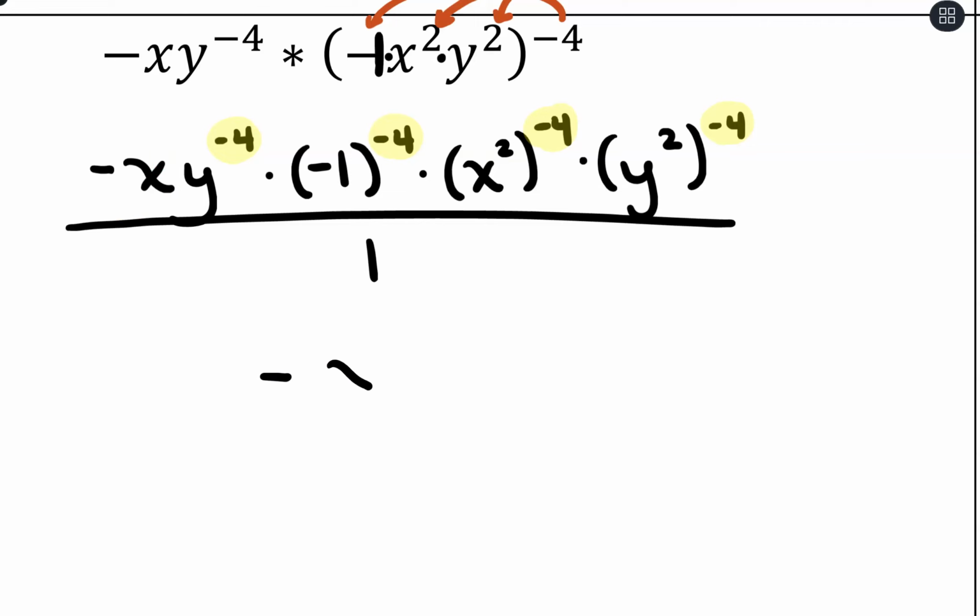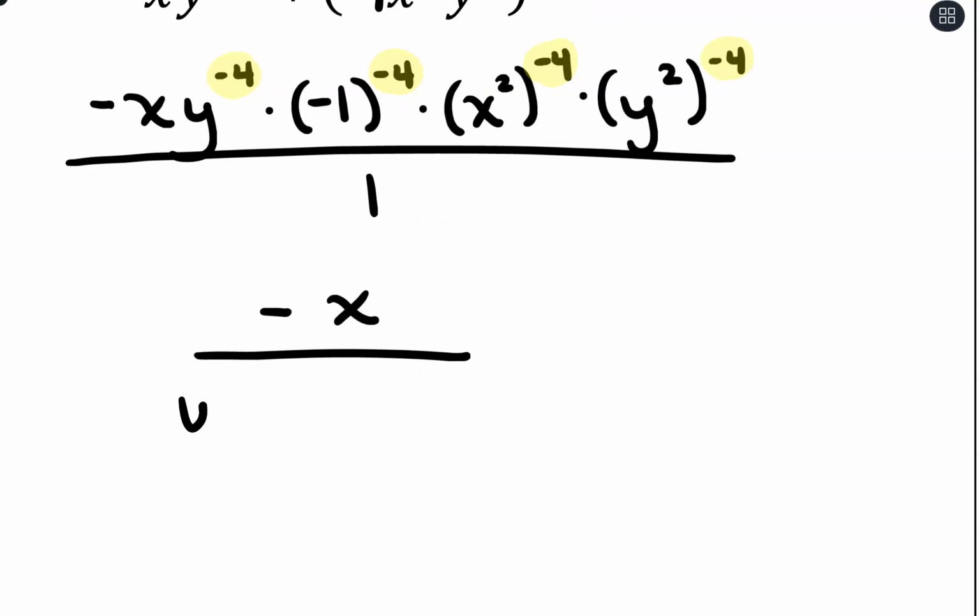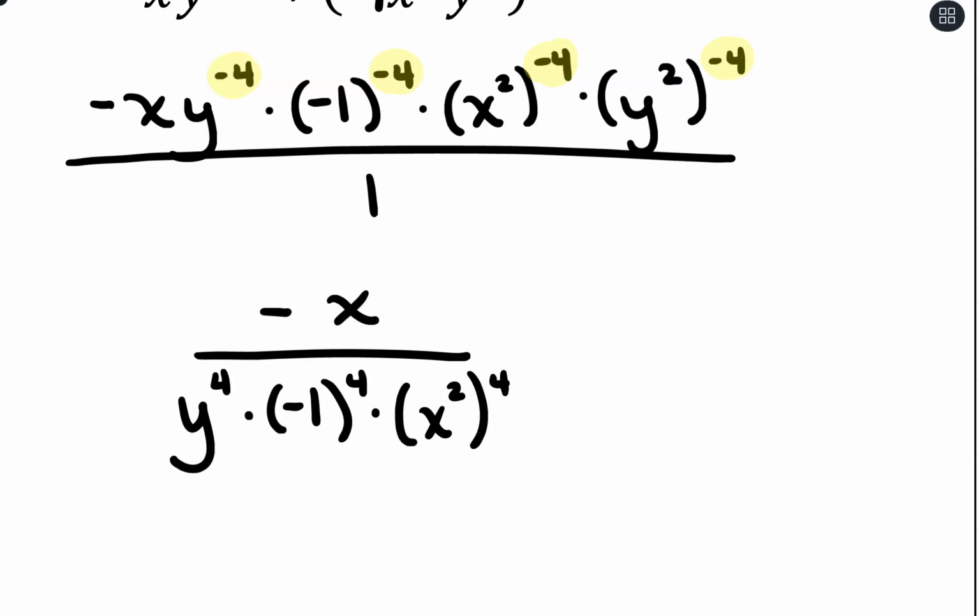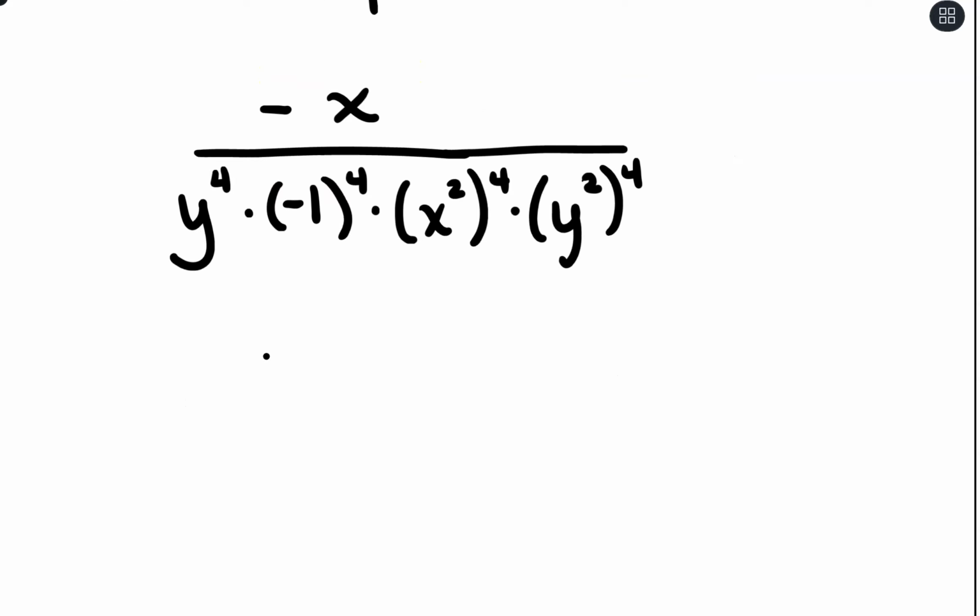So we're going to have negative x up in the numerator. In the denominator, we're going to have y to the positive 4 times negative 1 to the positive 4 times x squared to the positive 4 times y squared to the positive 4. So we'll have negative x, y to the 4th.